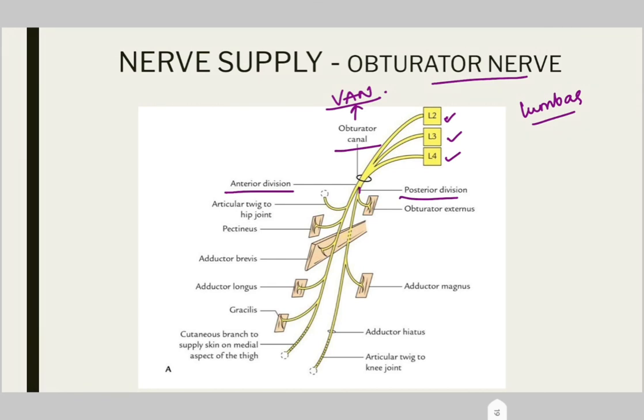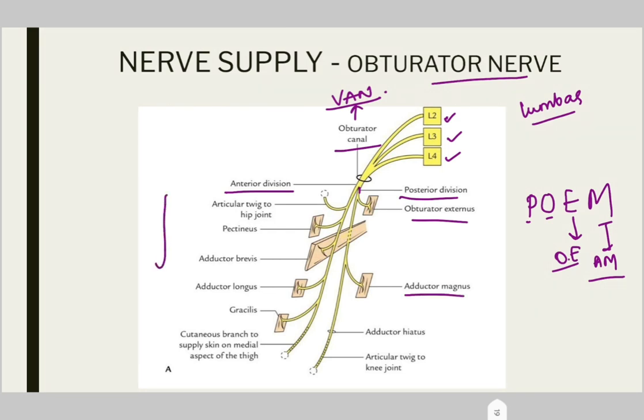So here is a mnemonic to remember which division supplies what muscles. It is POEM. P is posterior division, O stands for obturator nerve, E is obturator externus, and M is adductor magnus. So that is what is here: obturator externus, adductor magnus, and the remaining muscles are supplied by the anterior division.